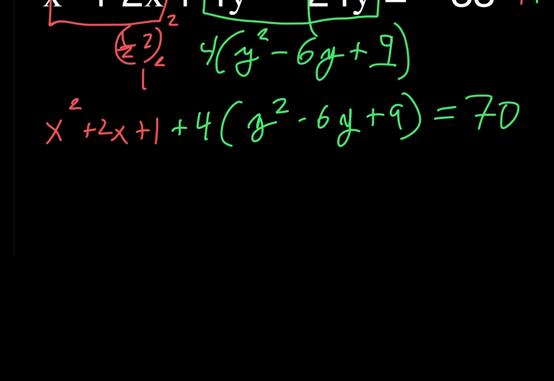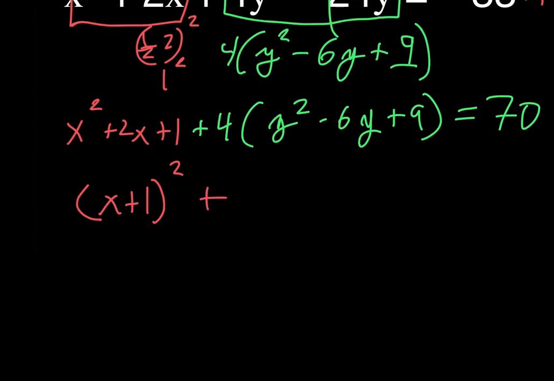Next up, now we factor. x plus 1 squared plus 4 times y minus 3 squared. Again, I skipped a little step in there, but we're thinking what two numbers multiply to positive 9 and add to negative 6: negative 3 and negative 3, so it would have been y minus 3, y minus 3, but that's y minus 3 squared. On the right-hand side equals 70.